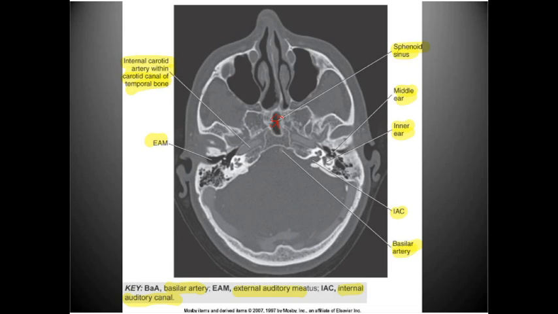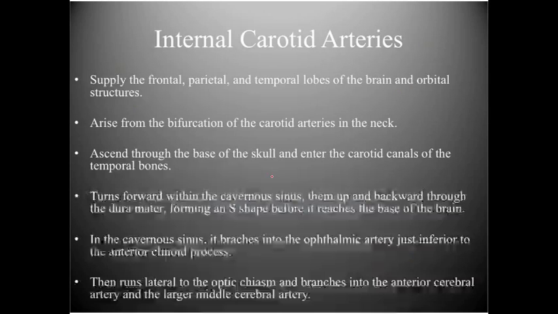So we do see the sphenoid sinus, maxillary sinus, the EAM, mastoid air cells, internal occipital protuberance, confluence of sinuses here, and then we see this little bitty area here, which is the basilar artery. It will become more apparent once we actually utilize standard windows instead of bone windows.